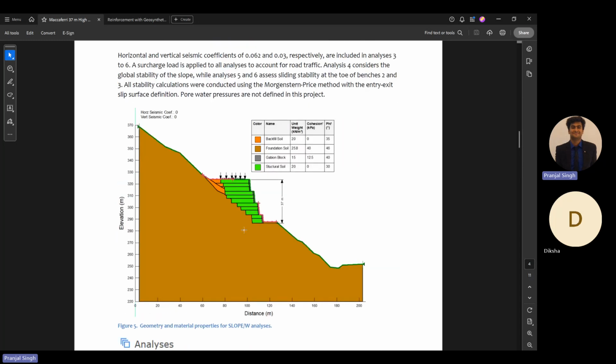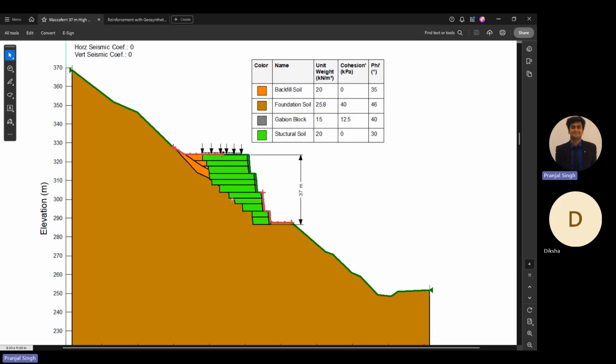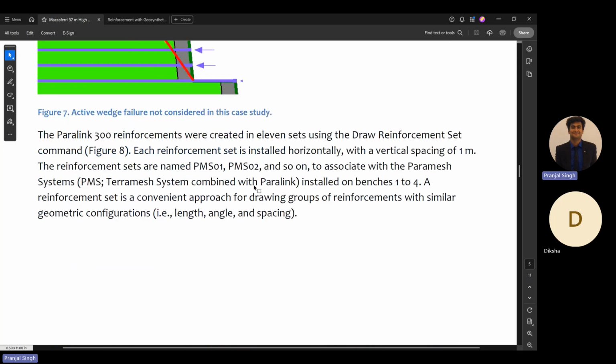As you can see, this line represents the start of the failure slip surface, and this line represents the end of the slip surface. So all the slip surfaces are drawn from this point to this point.